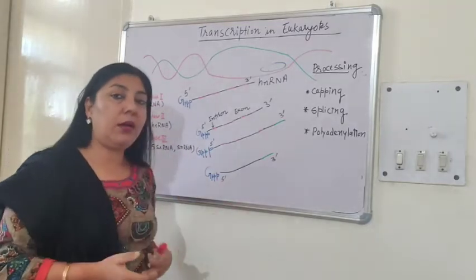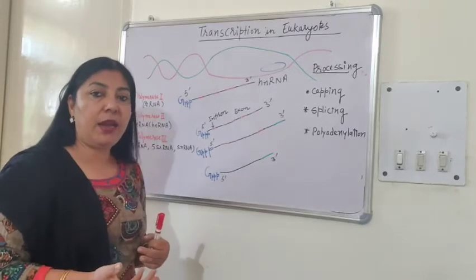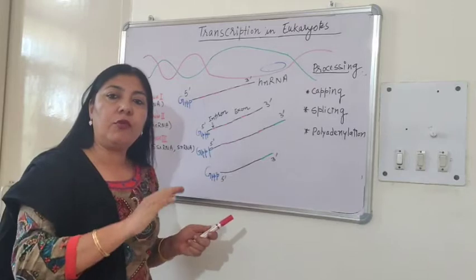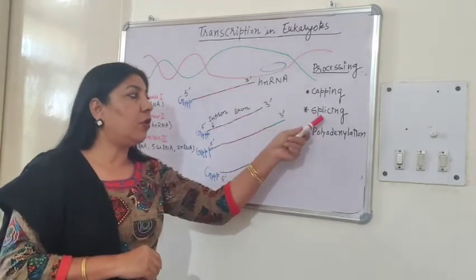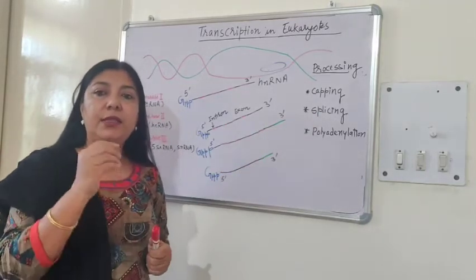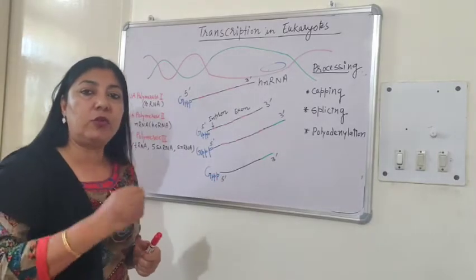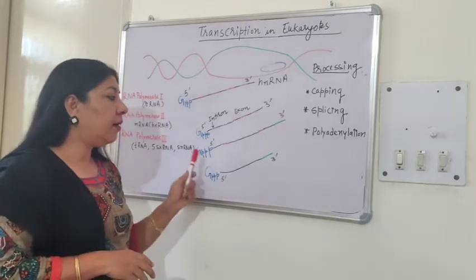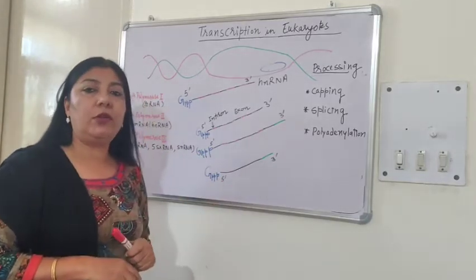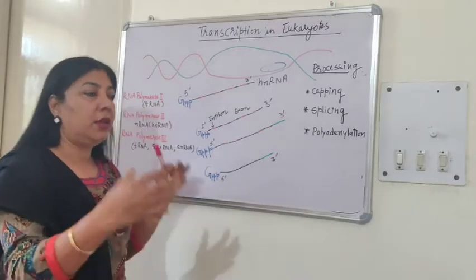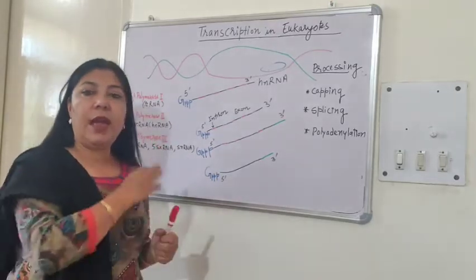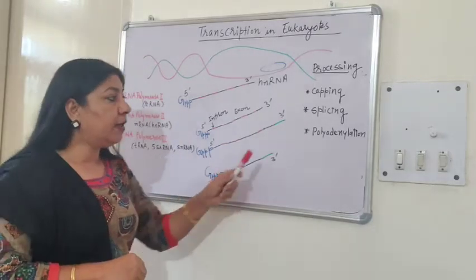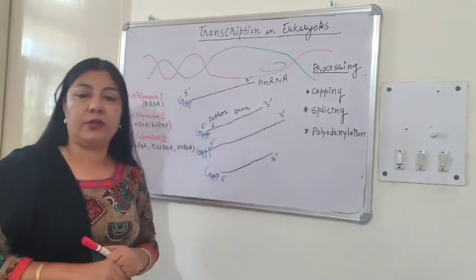So, before the mRNA is released, these introns have to be removed by the process called splicing. There are certain factors called spliceosomes which will cut these introns, and a transcript will be produced which will have all exons. These exons will be bound together and introns will be removed. This is called splicing.